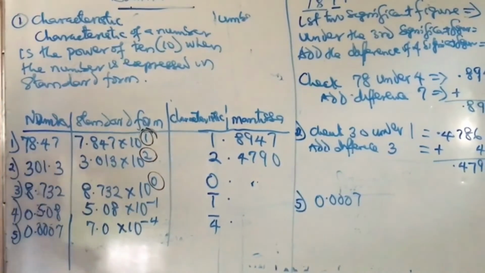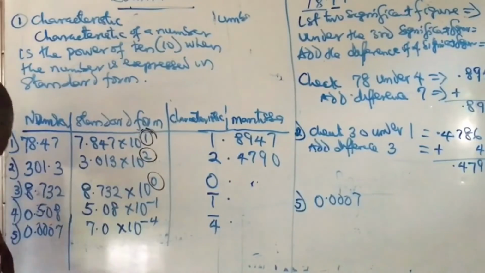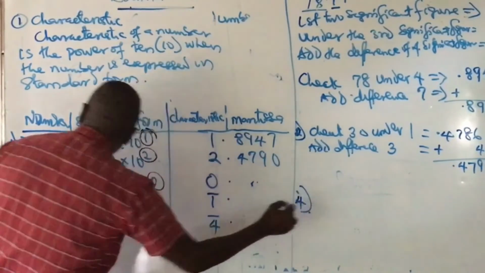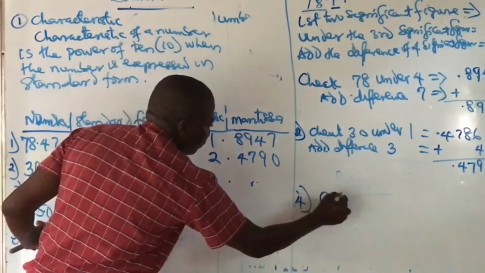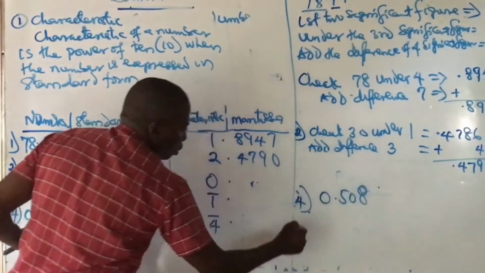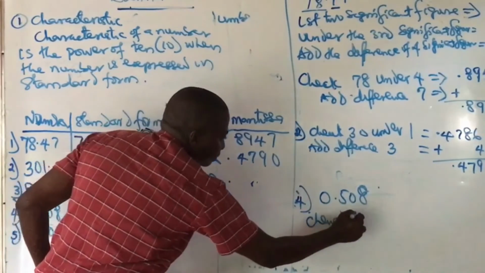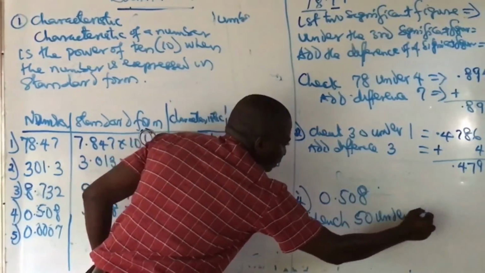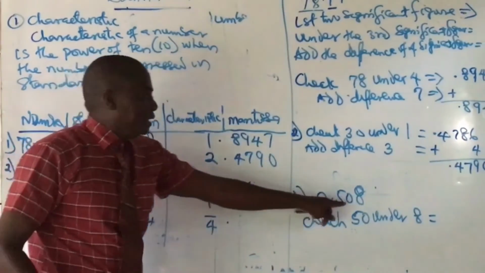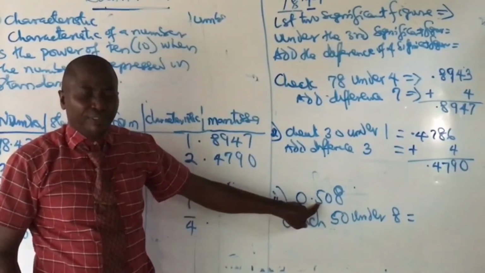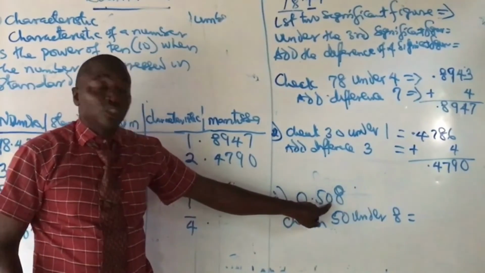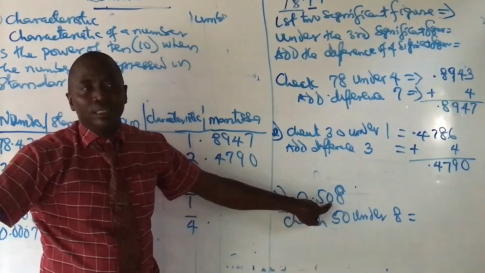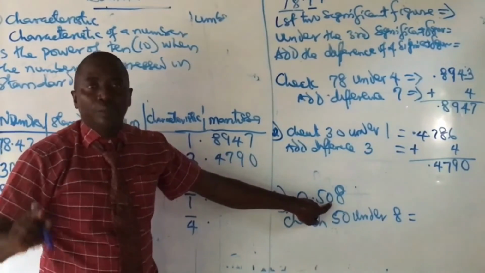Okay, before we move to number 5, let's check number 4. 0.508. So check 50 under 8. When you look at this, we have 3 digits. The fourth significant figure is 5. Then 0 here becomes a figure. When the 0 comes after a significant figure, the 0 becomes a figure.